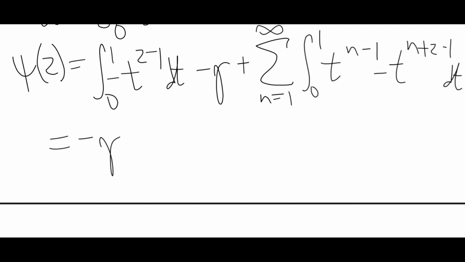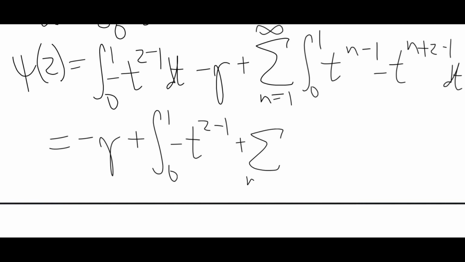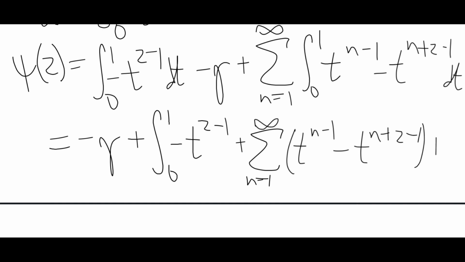Now, if we switch the order of summation and integration, which I won't justify here, we get minus t to the z minus 1 plus the sum of t to the n minus 1 minus t to the n plus z minus 1.